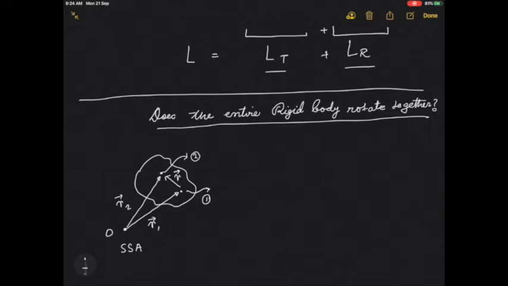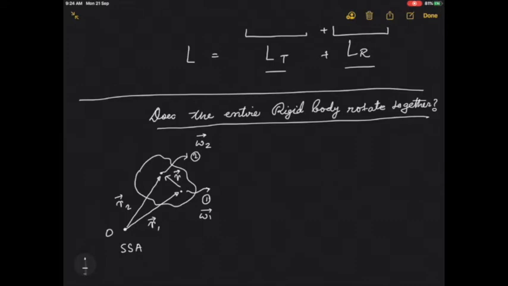Now none of these points are the points with respect to which the rigid body is rotating, preferably. Then let us ask the question: if the angular velocity of point 1 is omega 1, the instantaneous angular velocity if you wish, and the angular velocity here is omega 2, then are these two velocities the same?